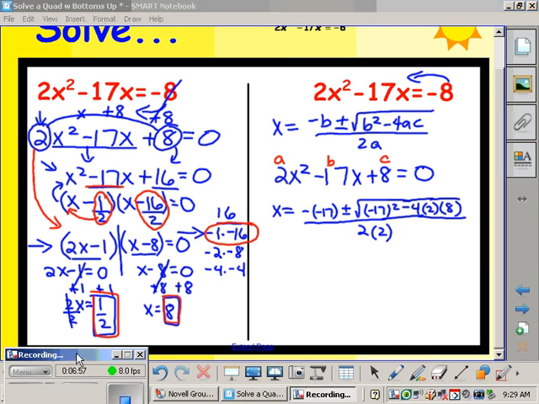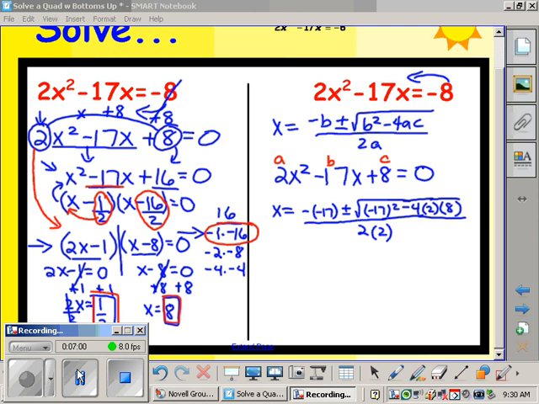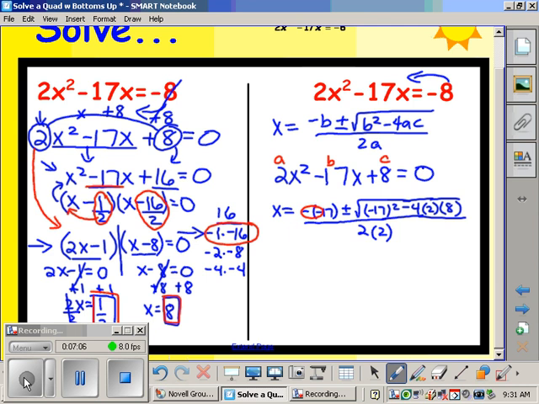From here, we're going to simplify each part of the quadratic formula. First, we're going to go ahead and change the double negative to a positive. So we would have x equals 17 plus or minus.